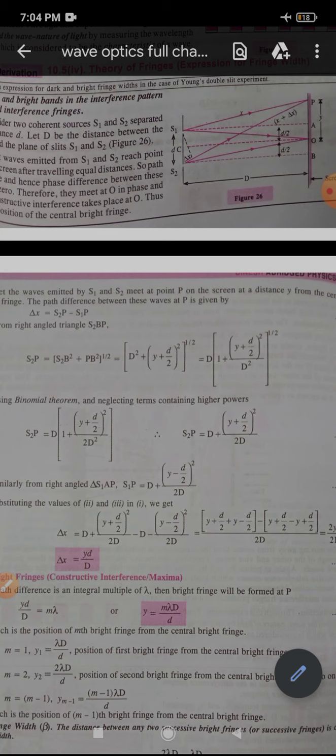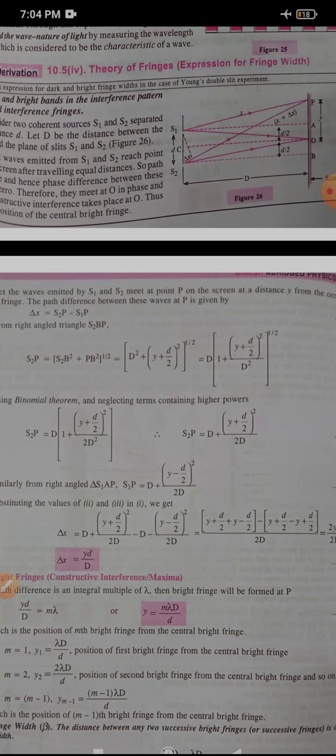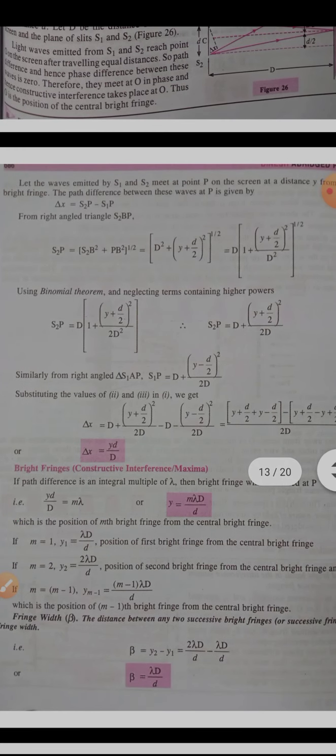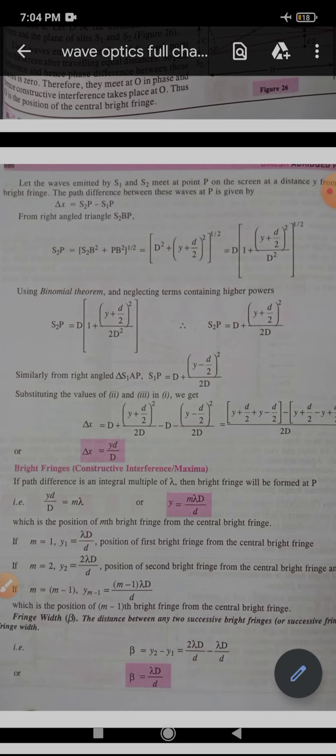Taking D as common, we have D into (1 plus (y plus d by 2) square divided by D square) raised to 1 by 2. Next, using the binomial theorem and neglecting the higher order terms, we get S2P equal to D into (1 plus (y plus d by 2) square divided by 2D square).